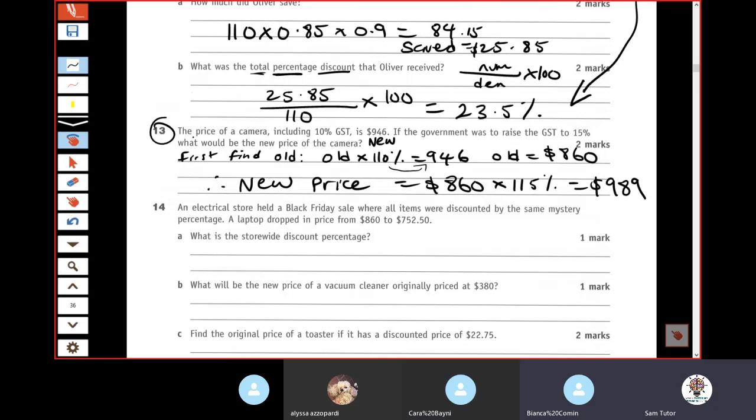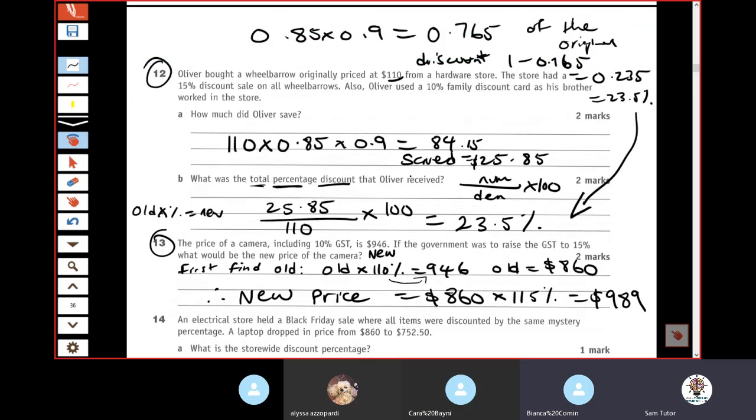Yeah, I guess, look, I don't know. Yeah, the price of a camera, including GST, as soon as I see including, I think about, well, if it's already including, then that must be my new price. And the formula I always just use is, yeah, old times percent equals new. And if I've already been given my new price, then I know I have to find my old price, which means I've got to divide. Whereas if it was a question like this one, it says Oliver bought a wheelbarrow originally priced at 110.